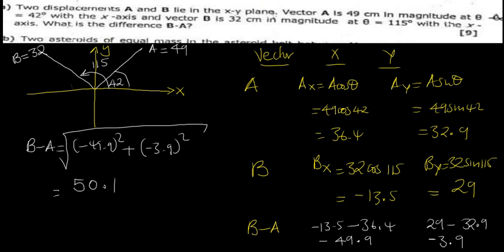Now remember, they just said find the difference B minus A. Whenever they say that, also find the direction. So tan theta is going to be the y component, which is negative 3.9, over the x component, negative 49.9. So we also need to find those, and let's get to punch.